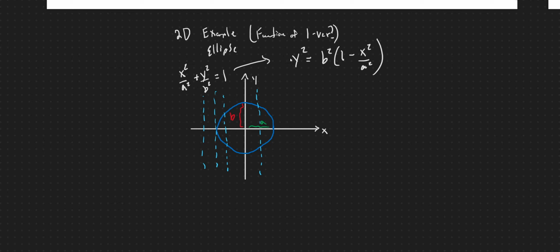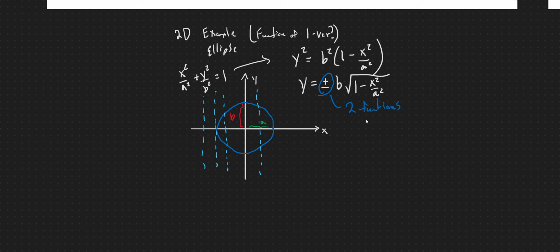When I take the square root of both sides, I end up with y equals either plus or minus b times the square root of 1 minus x squared over a squared. It's this plus or minus business that really messes up algebraically and further clues us in that this is not the function of a single variable. So this actually gives us two functions.